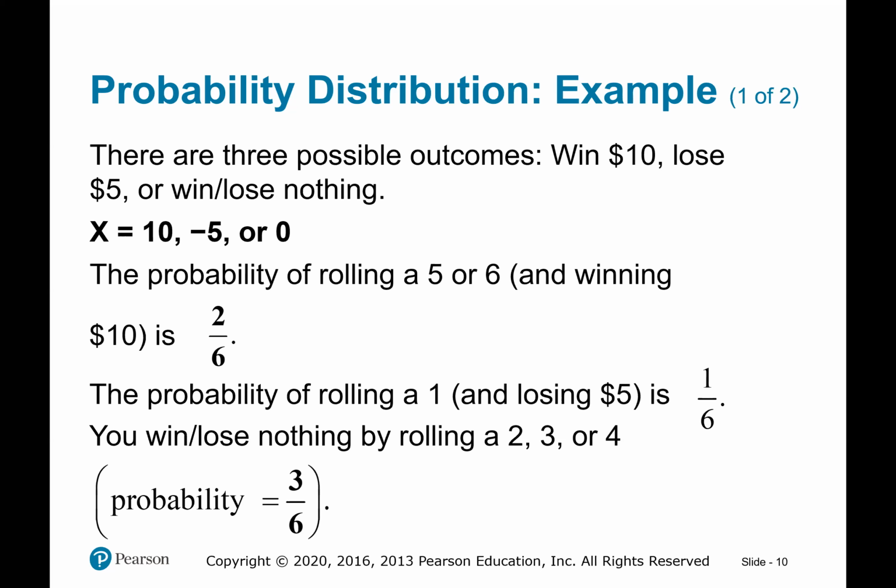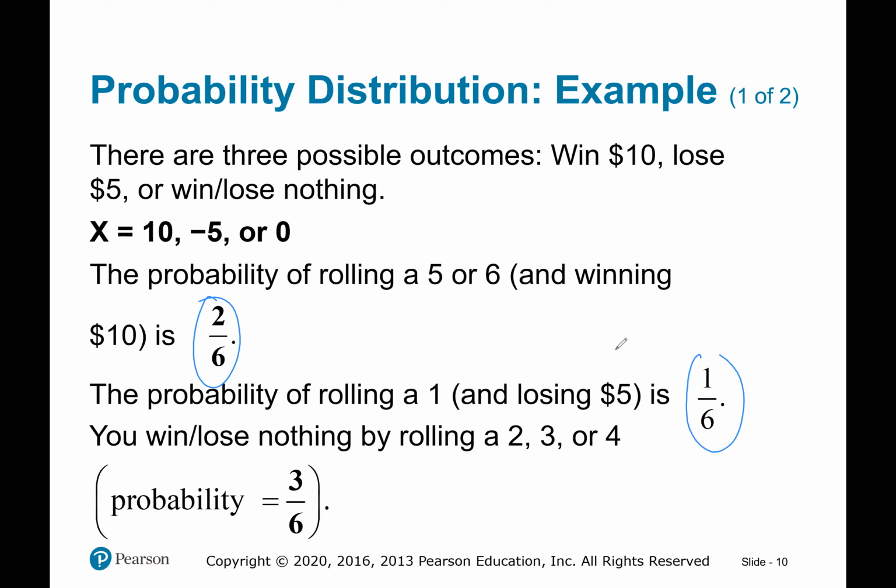X is going to be equal to 10, -5, or 0. The probability of rolling 5 or 6 and winning is, like I said, 2 out of 6. The probability of rolling 1 and losing $5 is going to be 1 out of 6.